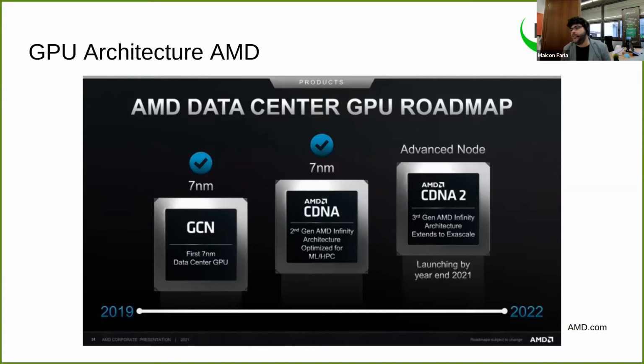About the evolution of the roadmap for AMD, well, this is just part of the history. They have been working with GPGPU for some time. But in this picture, we have the GCN architecture, then we move to CDNA and then CDNA2.